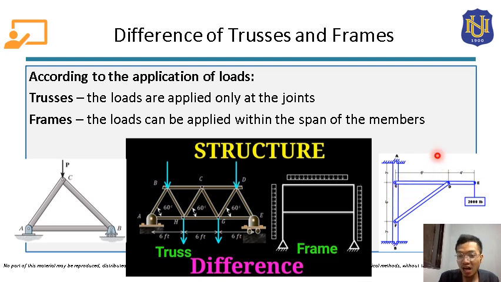That is an important difference in trusses and frames. For trusses, there are no members that are attached within the span of the members. It is only for frames that we can attach members within the span of another member.